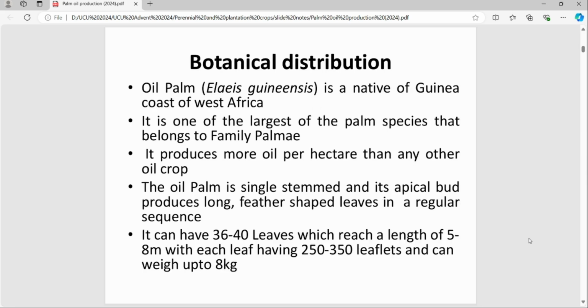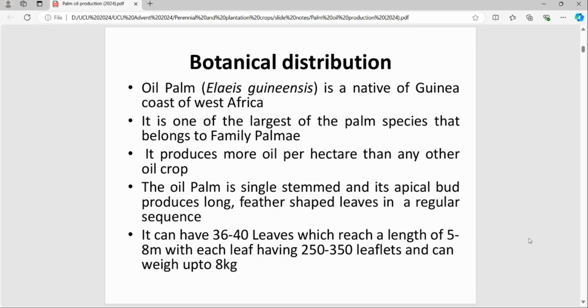So oil palm is scientifically known as Elaeis guineensis, and it is known to be native of the Guinea coast of West Africa, like I earlier mentioned, and it is one of the largest of the palm species that belong to the family Palmae.